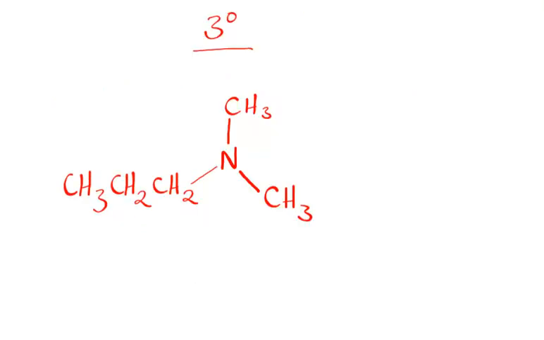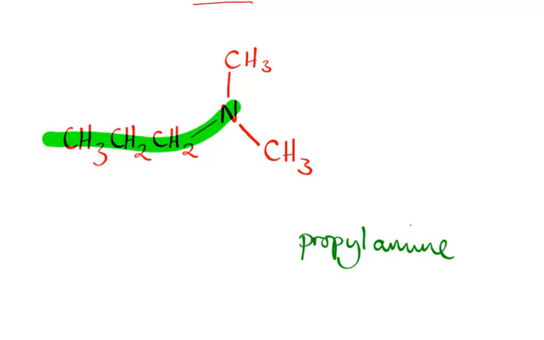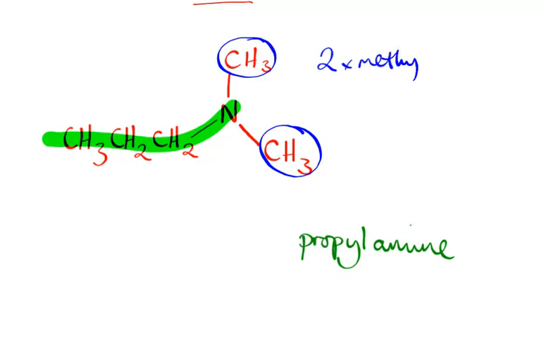So here's a tertiary amine. So our method is to find the longest carbon chain attached to the nitrogen. It's 3, so that gives us propylamine, and now we need to deal, in this case, with 2 methyl groups, both attached to the nitrogen.